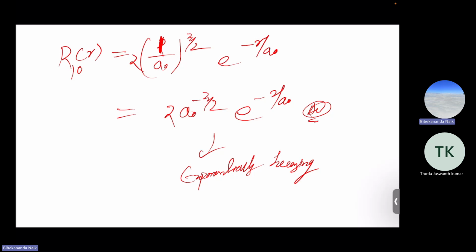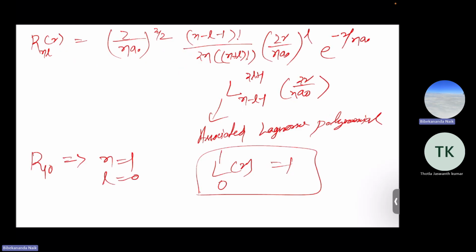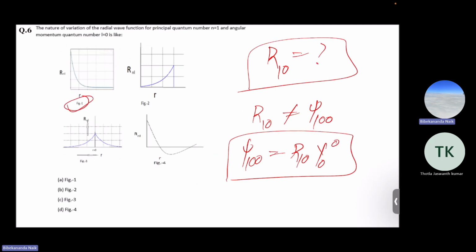At r equals 0 it has the maximum value, and then it decays exponentially with increasing value of r. Figure 1 shows the same trend, so the correct option is option A, that is figure 1.